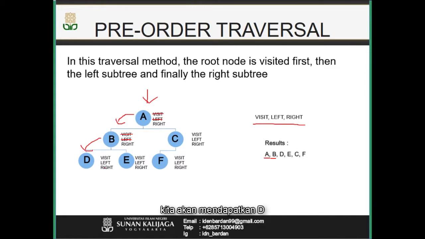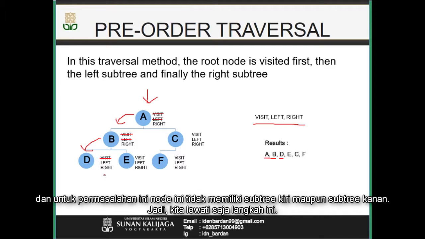We will get D and do as before. Visit D, we get D. And for this problem, this node doesn't have a left subtree, nor a right subtree. So let's just skip this step.